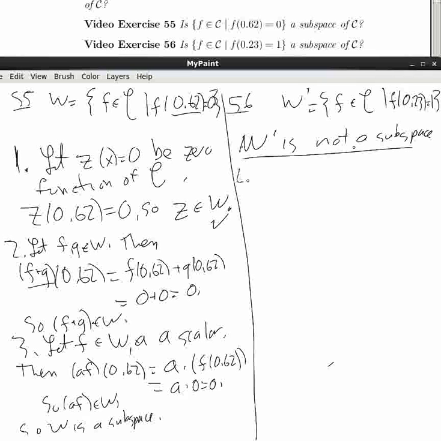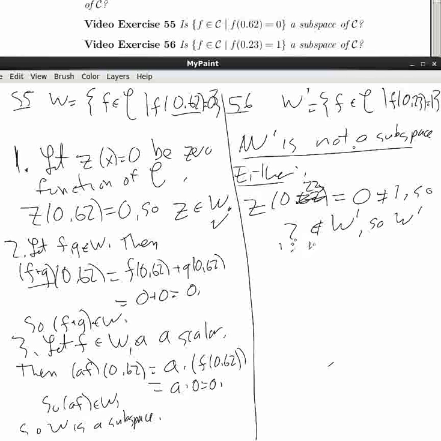So either the 0 function of 0.62, or 0.23, sorry, because we're working with this now, is equal to 0, which is not equal to 1. So z is not in W prime, so W prime is not a subspace. That would be a perfectly good proof to show that this is not a subspace.